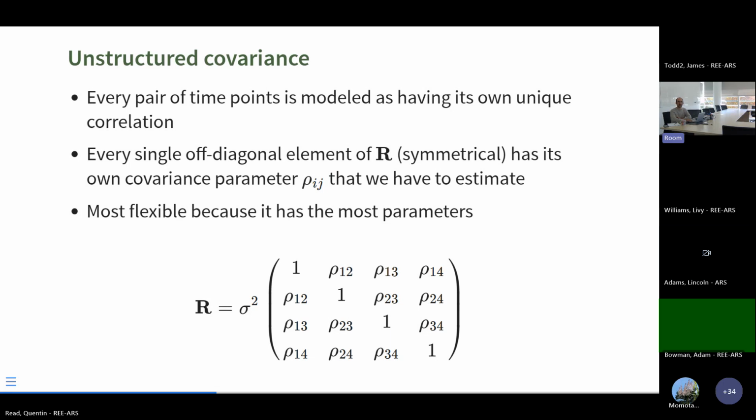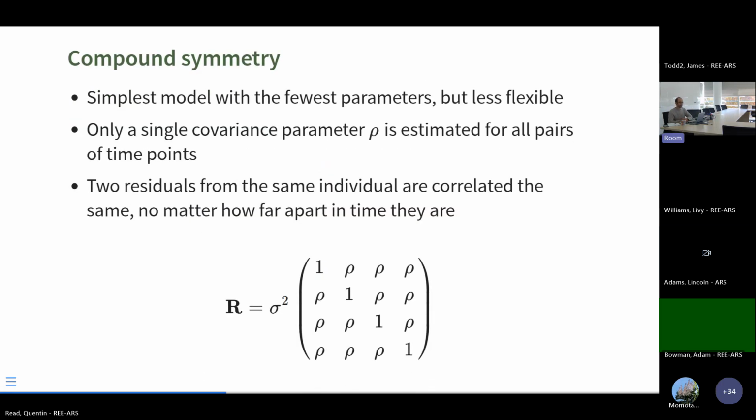So how can we simplify? We don't want them all to be zero, but we also don't want every one to be different because that's too many. So where can we strike a balance? Well, compound symmetry is a very simple way to do that. We just estimate one parameter. They usually call it rho, for all the pairs of time points.